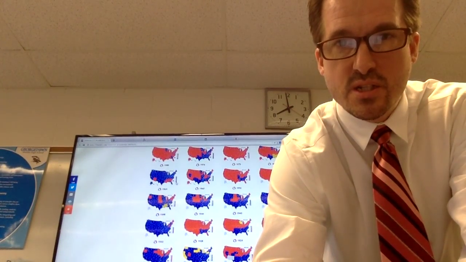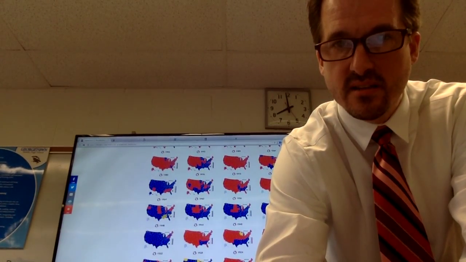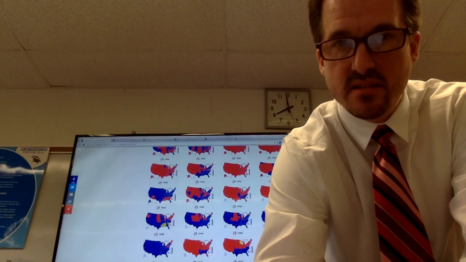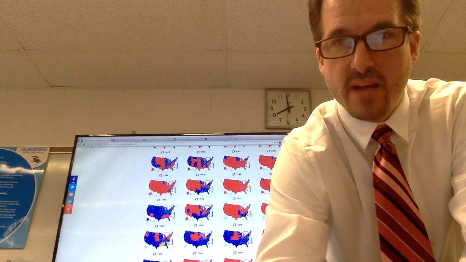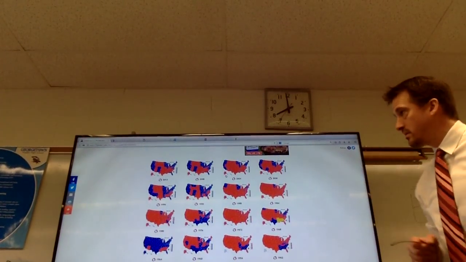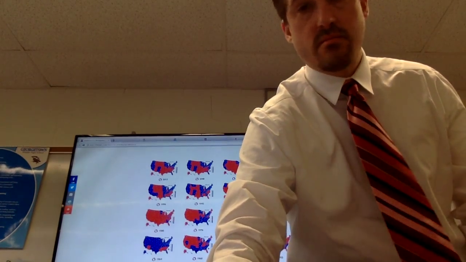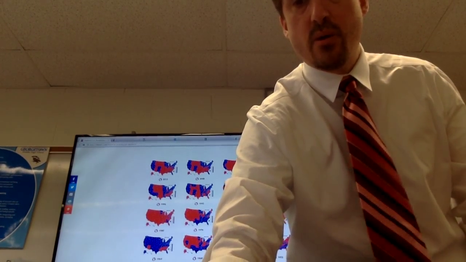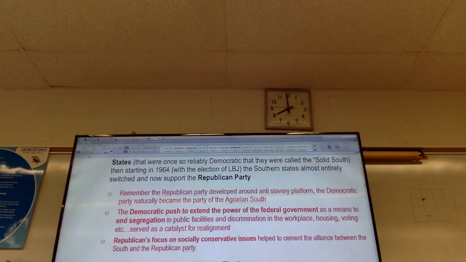And there's just this switch. That's the candidacy of Wallace. Here's the 70s. This is Carter, so that throws things. But here we are back to red, back to red, back to red. There's just this complete switch over from blue to red, okay? So just know what the Solid South is, know why they initially voted Democratic, know why they switched to Republican.